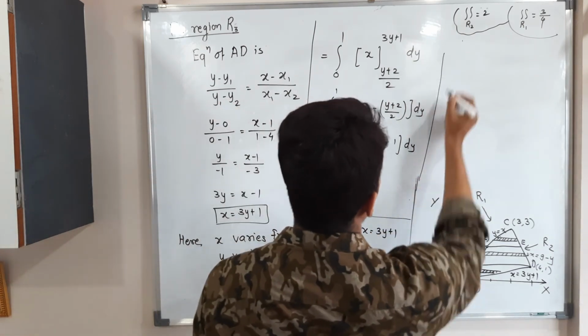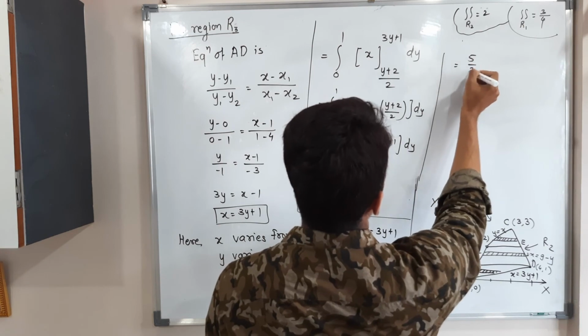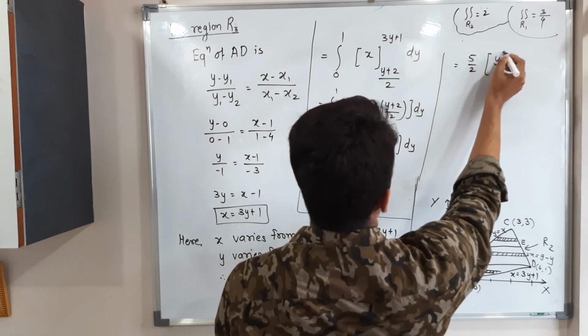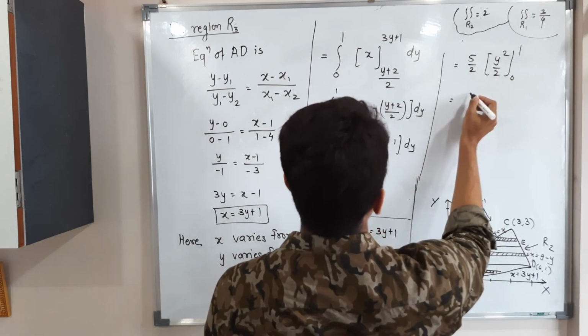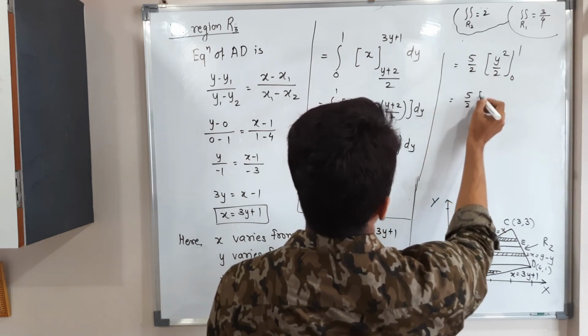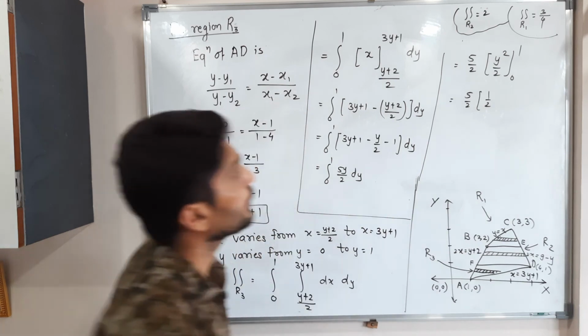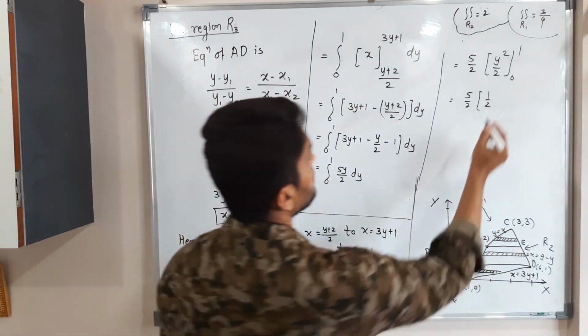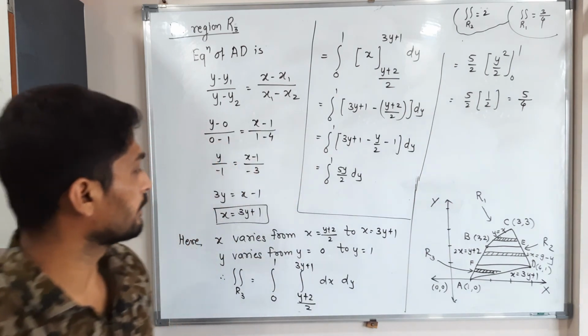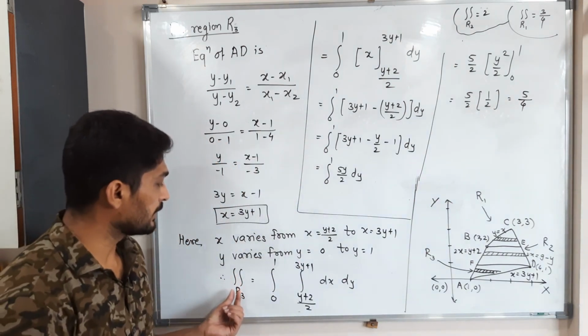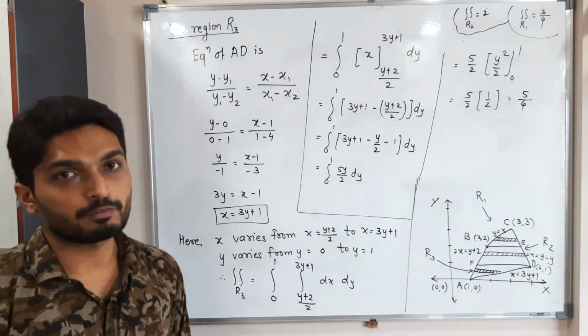The integration of y is y square by 2, from 0 to 1. So this is 5 by 2 times, if I put the upper limit, 1 by 2, and if I put the lower limit, we have 0. So this is equal to 5 by 4. That means the value of the double integration over R3 is 5 by 4.